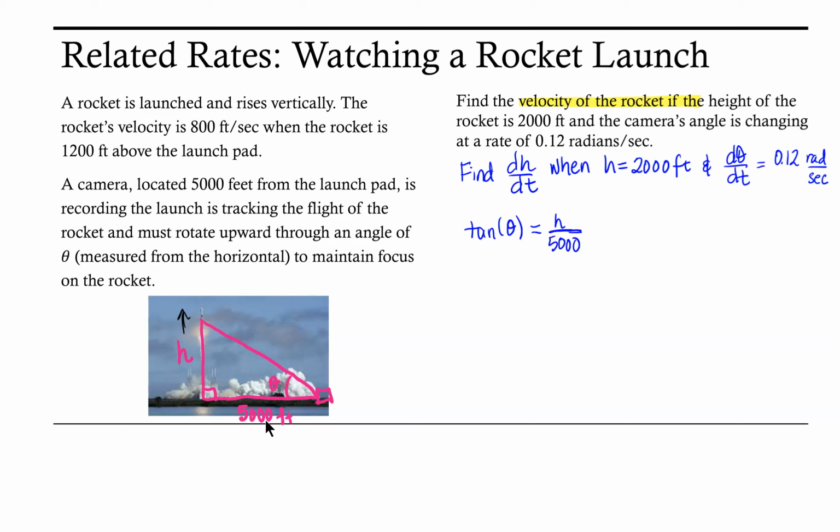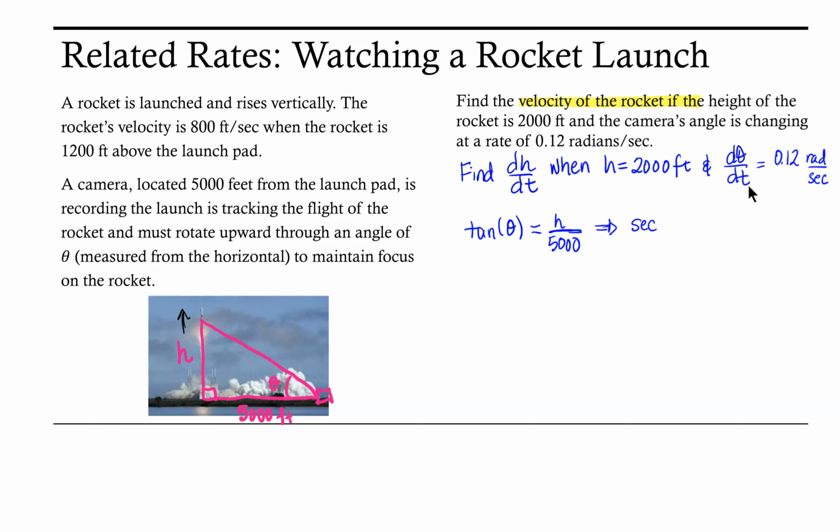And now, with that equation, if we apply the derivative with respect to time on both sides of that equation, we will end up with an equation that indeed relates the rate of change of the height of the rocket to the rate of change of the angle of the camera. So let's go ahead and apply the derivative with respect to time on both sides of this equation.